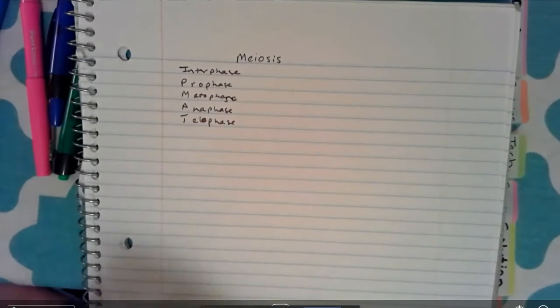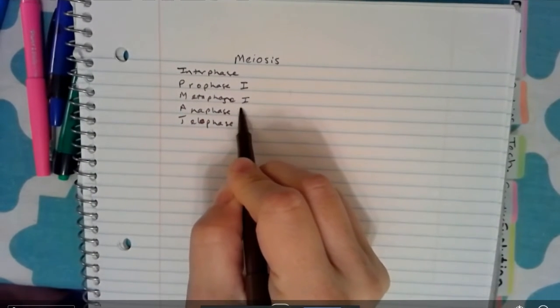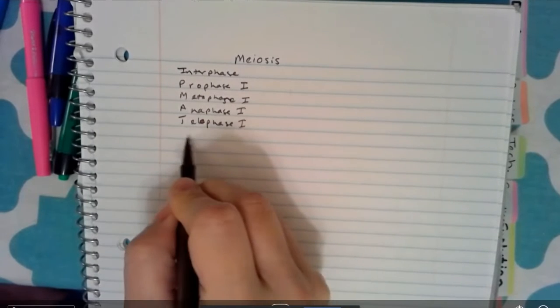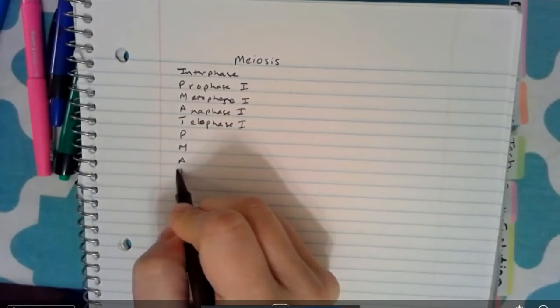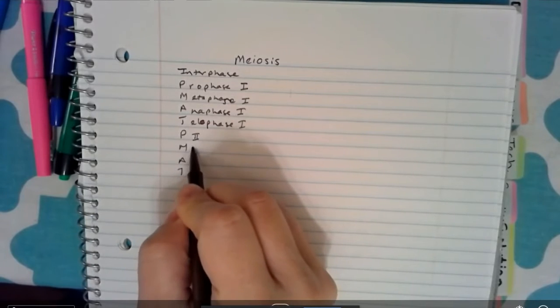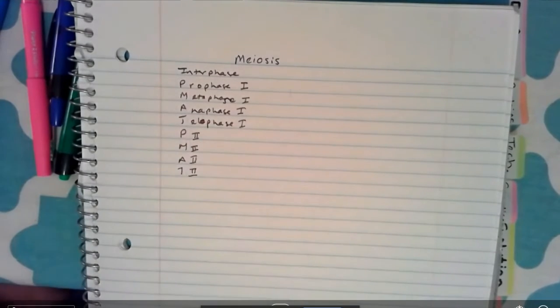But it happens twice. So you start with interphase, and then you have prophase 1, metaphase 1, anaphase 1, telophase 1, and then it does PMAT again. No interphase, though. So it's going to be prophase 2, metaphase 2, anaphase 2, telophase 2.